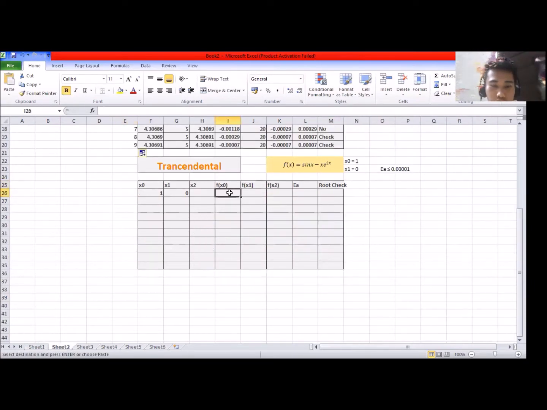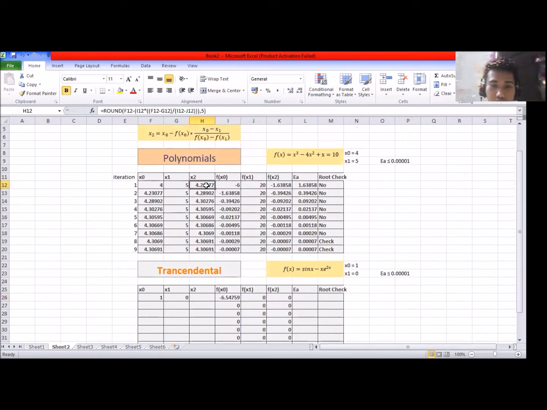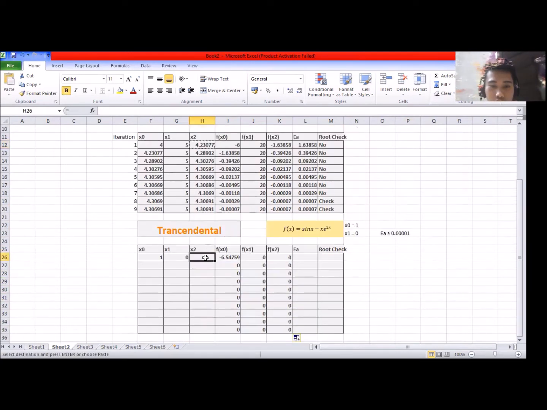So get the initial values here, and we will get the initial value.